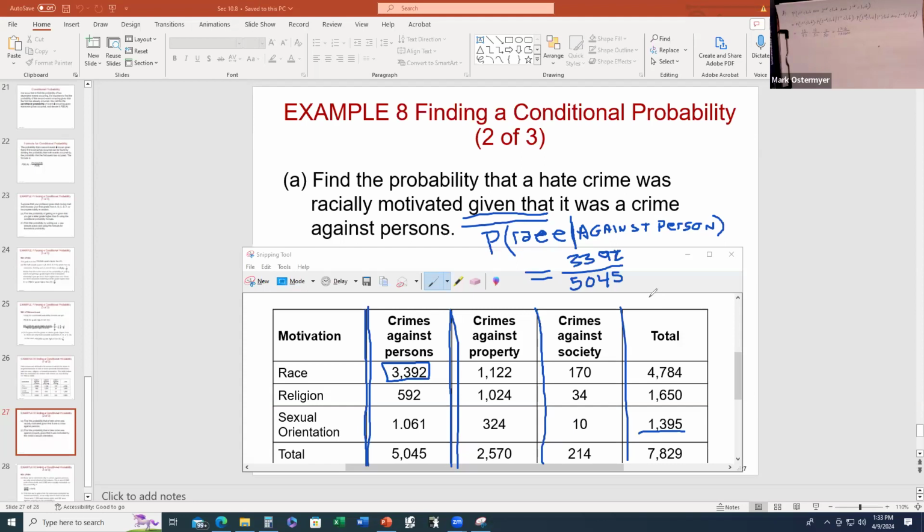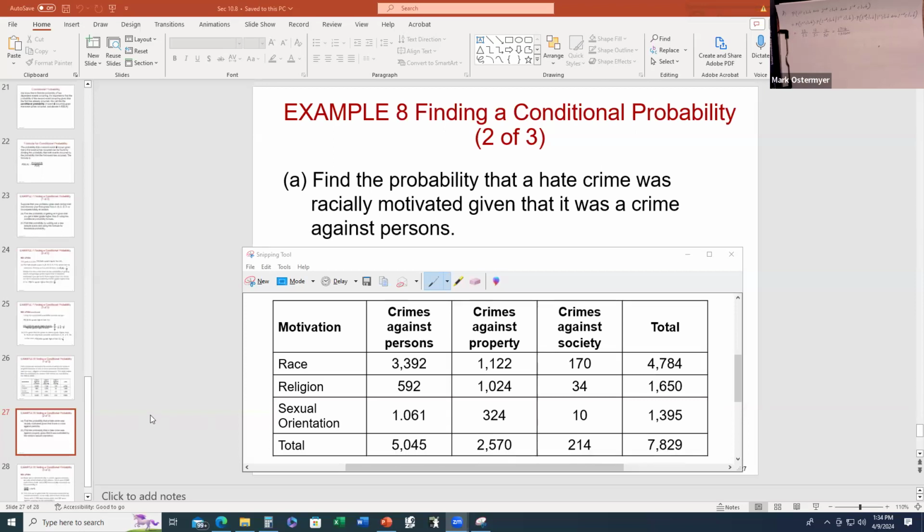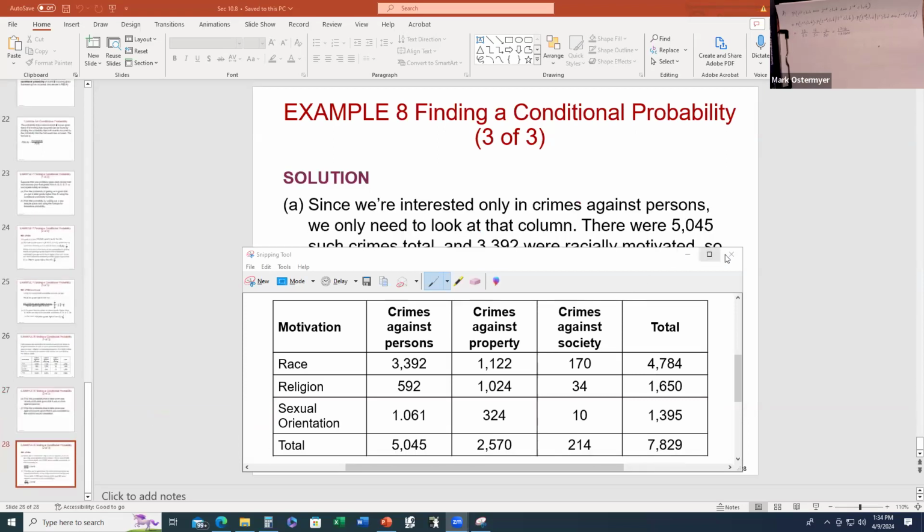So just be careful on those types of probabilities.